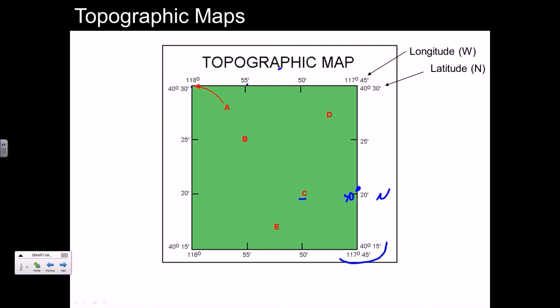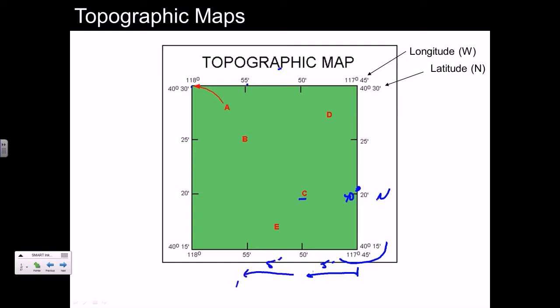And so in this case, I'm starting at something that's written out fully at 117 degrees, 45 minutes. And I'm measuring in this direction like this till I get to 117 degrees and 50 minutes. I've added 5 minutes to this original value, right? So it's an addition from small to large. If I went to the next one, I'd be adding another 5 minutes.